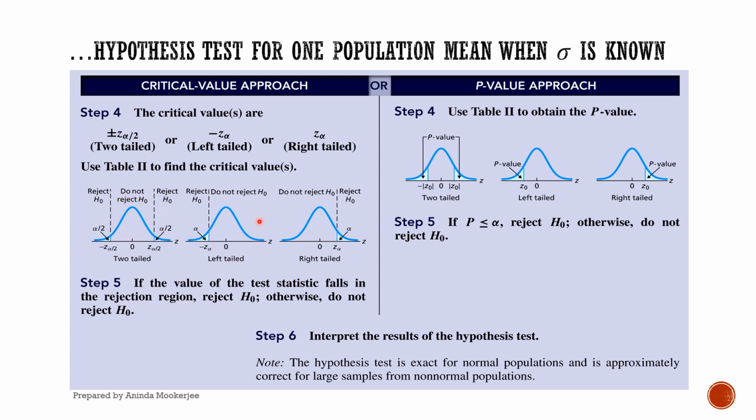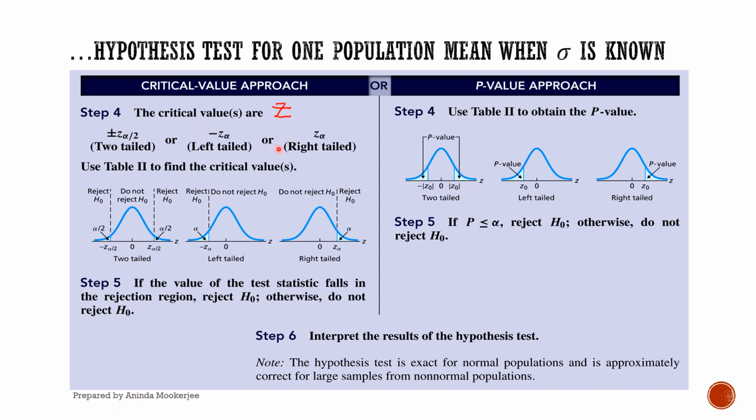If it is a left-tailed test, then the reject region is to the left of the curve, and if it is a right-tailed test, the reject region is on the right and the do not reject region is to its left. And the critical value is really a Z value, right? This critical value is a Z value, Z of whatever your significance level is.